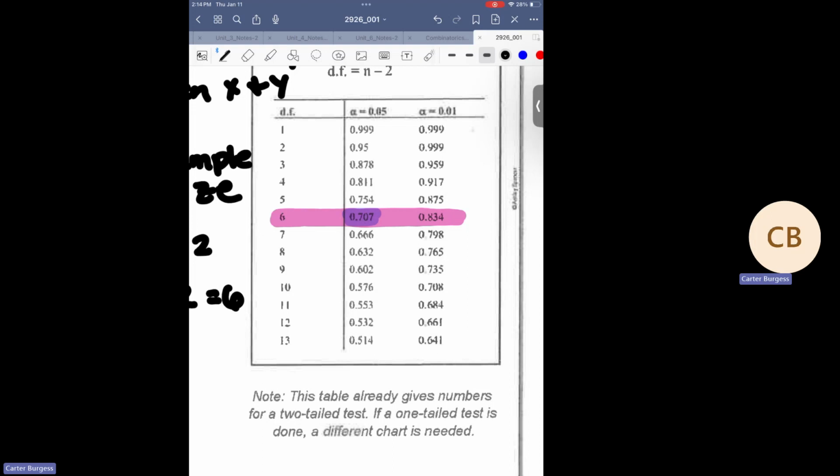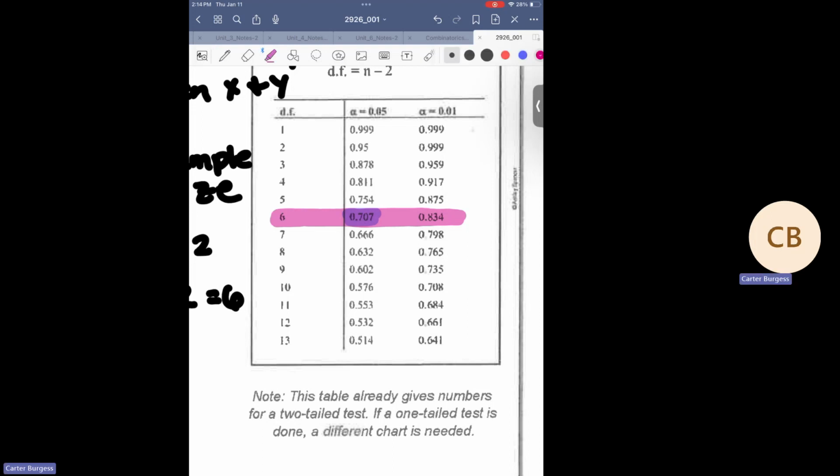What's our alpha value for this problem, and also for pretty much every problem we're going to work? 0.05, or 5%. What is the value on our table that represents that baseline at 5% with 4 degrees of freedom?